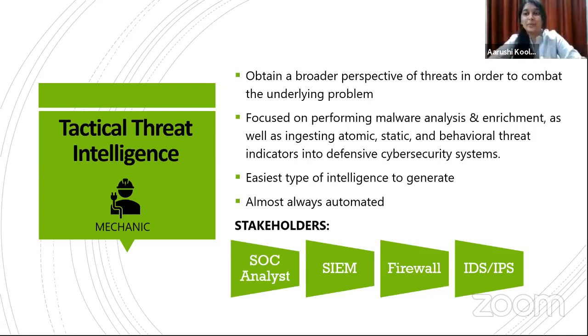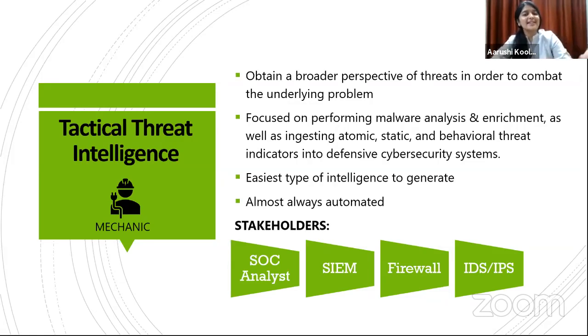Again, if we have any problem, we need to broaden our vision, right? We need to see what all possibilities can be. So this is the goal: obtain a broader perspective. Then we focus on performing malware analysis and enrichment, and we ingest atomic, static, and behavioral threat indicators into the defensive cybersecurity systems.